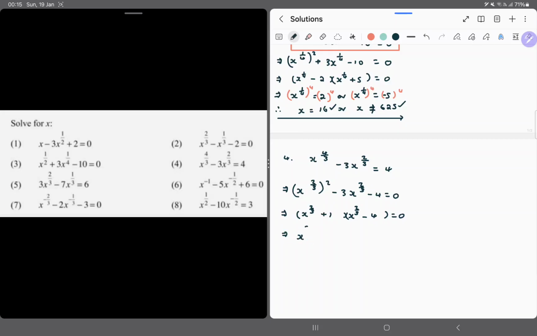So this implies that x to the 2 over 3 is equal to minus 1, or x to the 2 over 3 is equal to 4. And of course, we want to solve for x. So we will then multiply by the reciprocal here. This is 3 over 2.